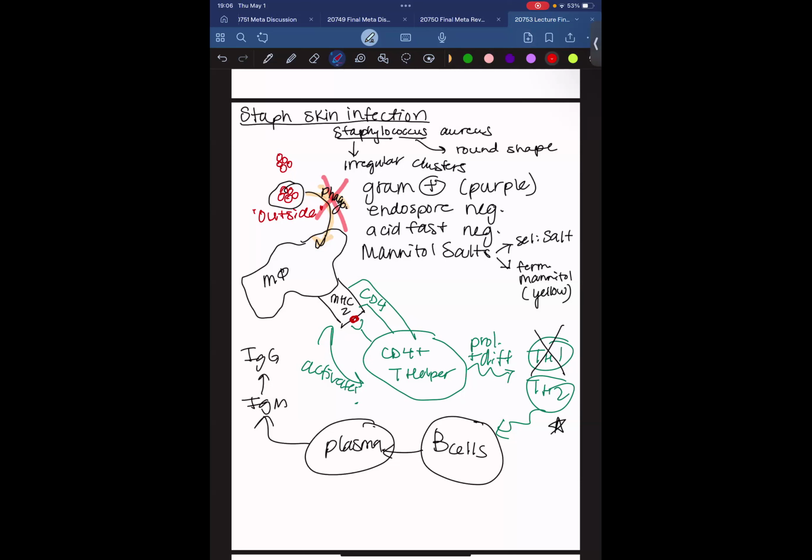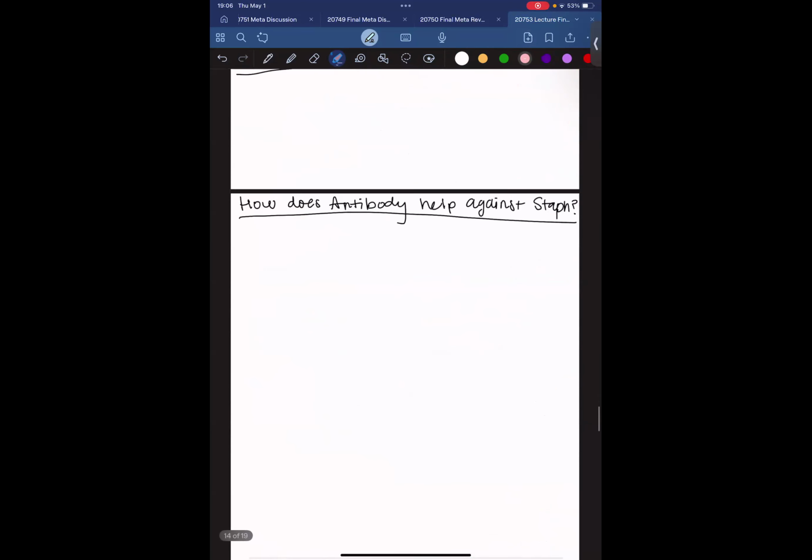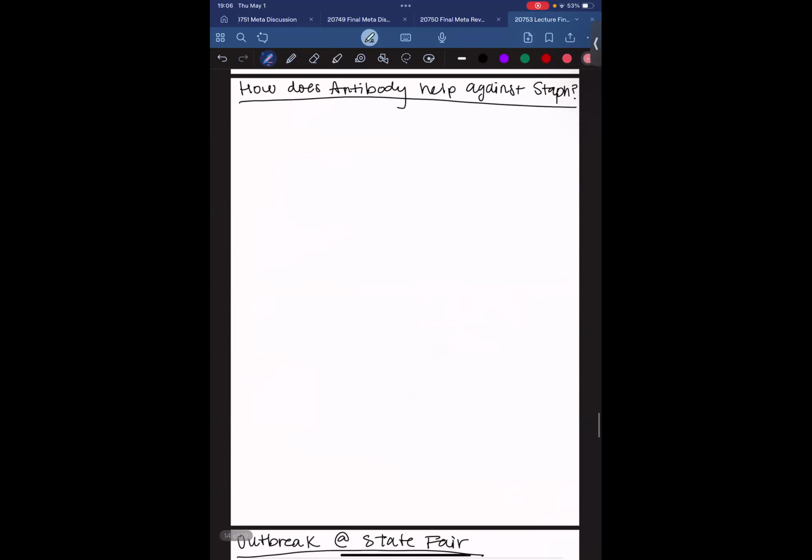It makes it hard to eat it up. We might eat up some of them. And if we can eat up some of them, then that'll give us enough drive to be able to make antibody down here. All right. So the antibody is important. How is that antibody going to help against staph? All right. So first things first.